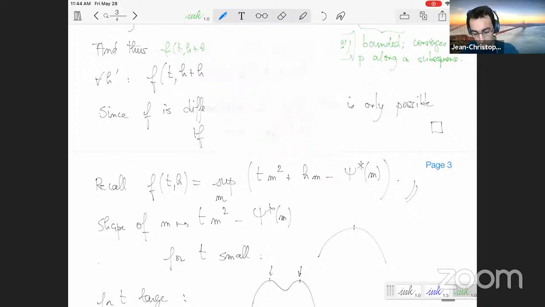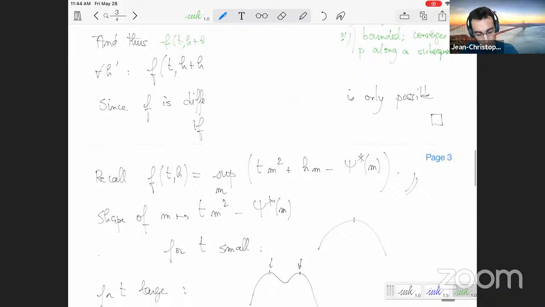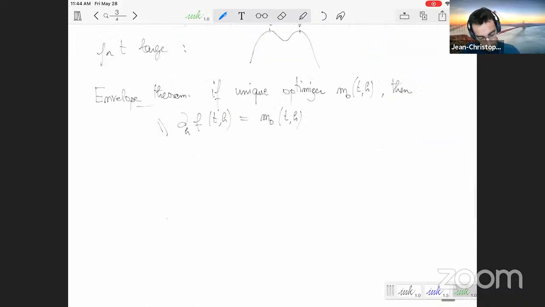Okay, so I'm going to write the conclusion of this computation. It's that DHF of TH times H prime plus little o of H prime is always larger than or equal to P H prime, and that's it.